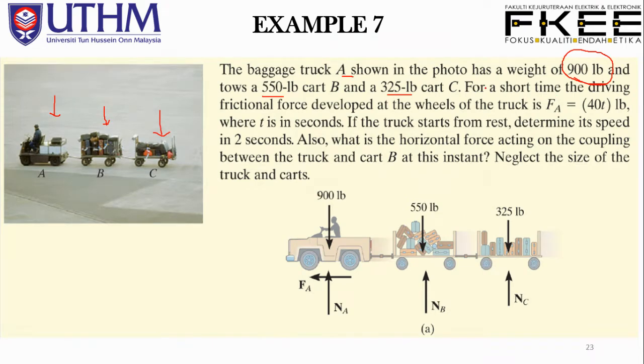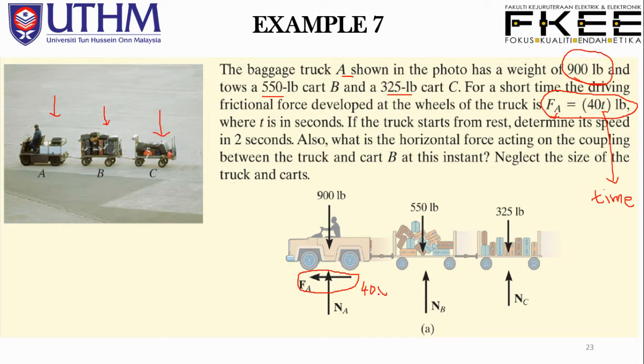So for a short time, the driving frictional force developed at the wheels of truck A is 40t pounds. So t here is actually time. So the force, the frictional force FA developed by this truck wheel or tire is 40t.